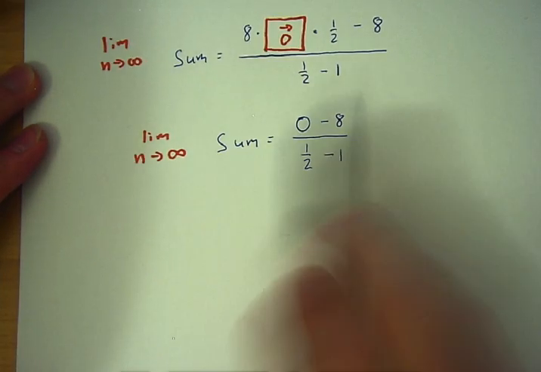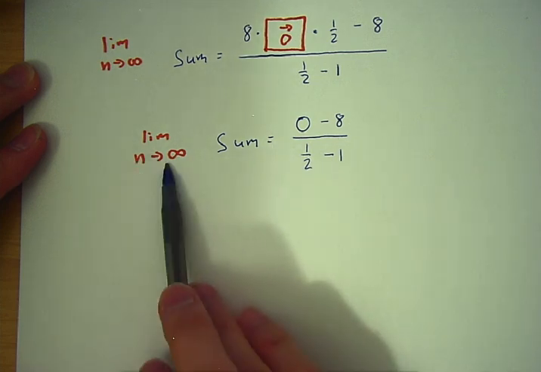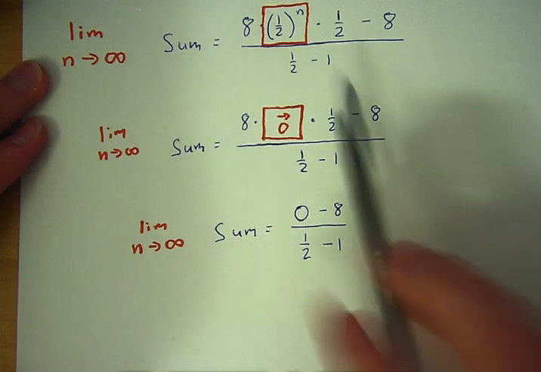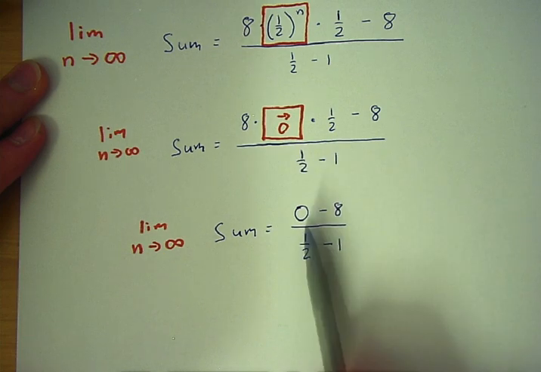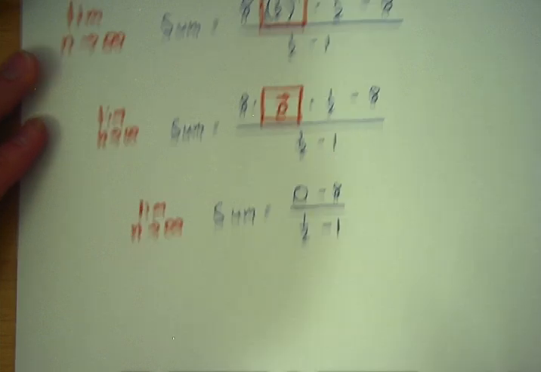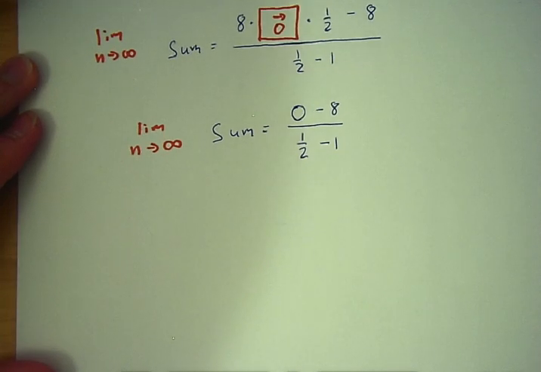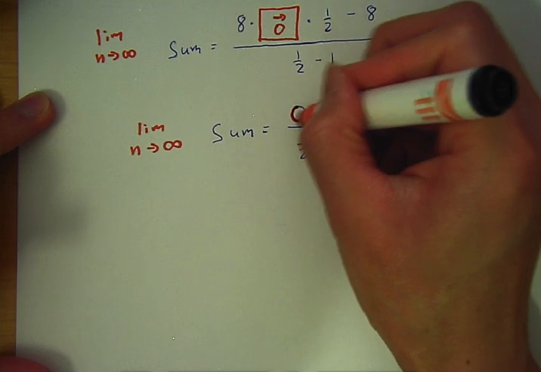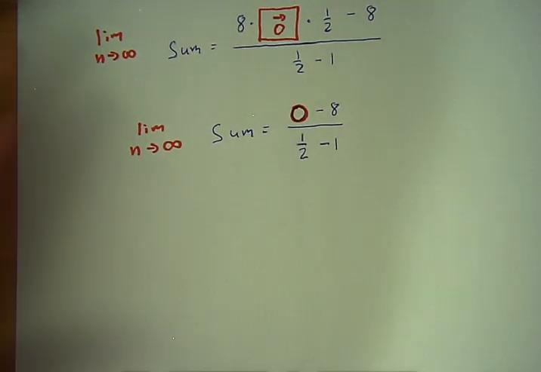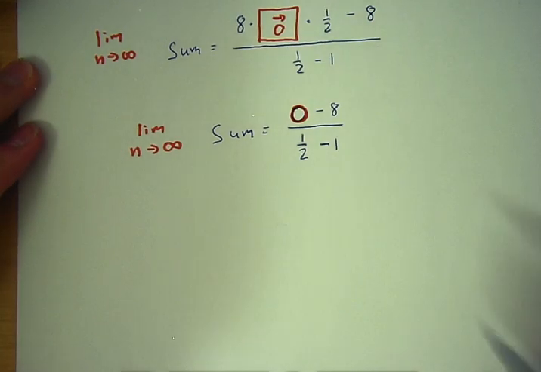So as n goes towards infinity, this portion went towards 0, which caused this whole portion right here to go towards 0 as well. If this portion went towards 0, then 0 minus 8 would be -8.